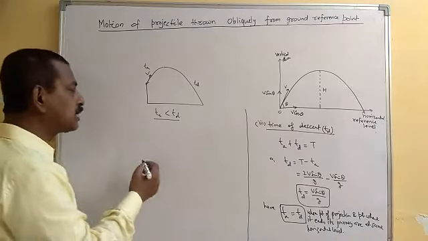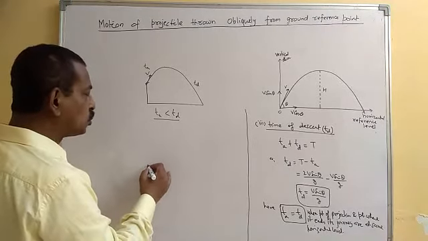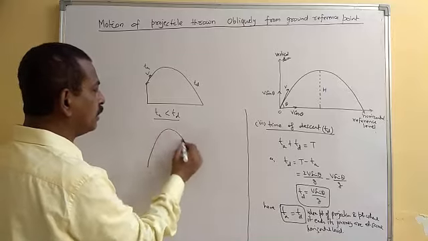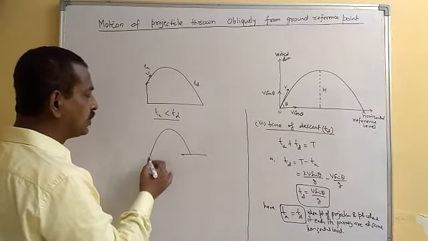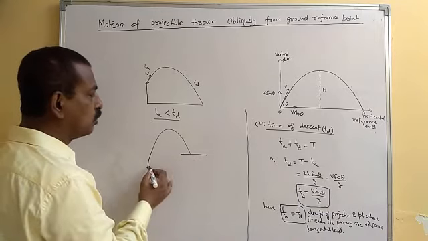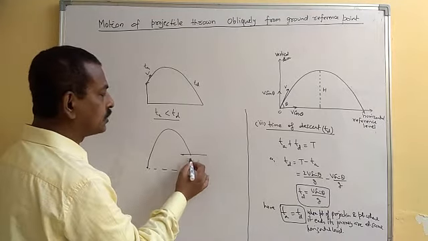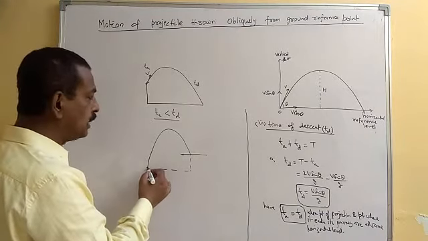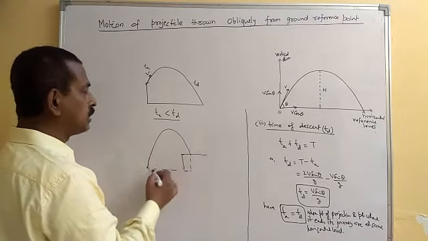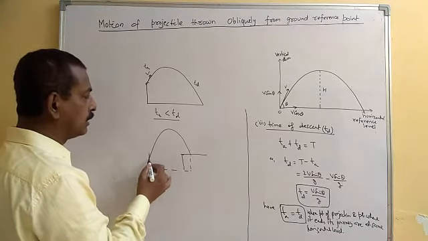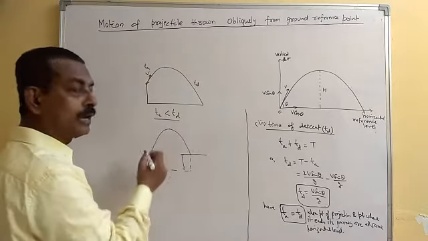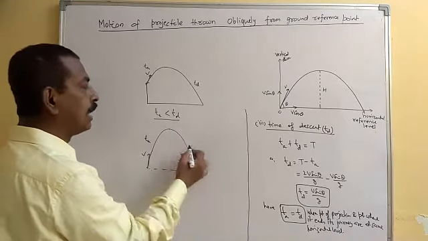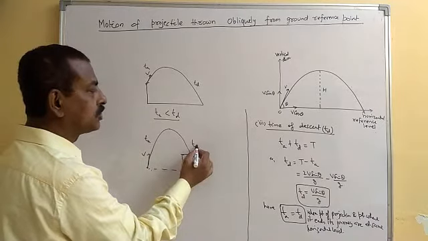The other case may be when it is thrown from a lower level and suppose it is ending its journey at a higher level. It is thrown from this point with velocity v, and it is ending its journey here. It rises from this point to the maximum height, time taken is Ta, and then the time taken here is Td.